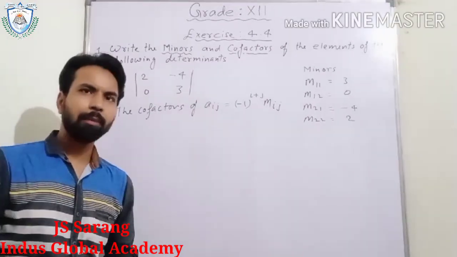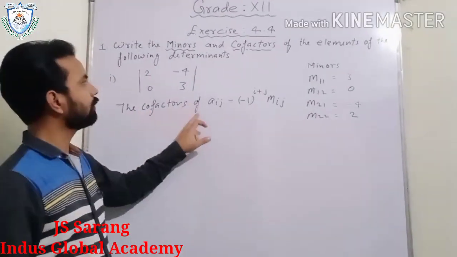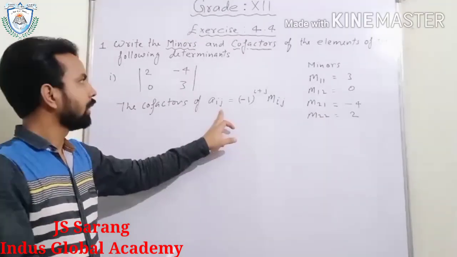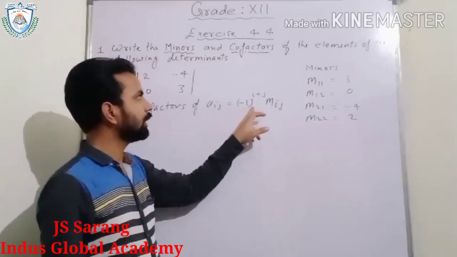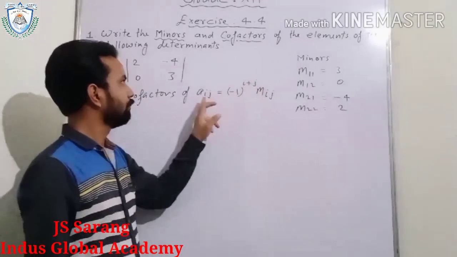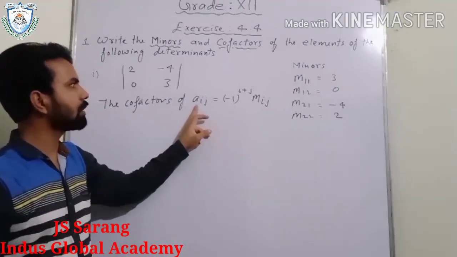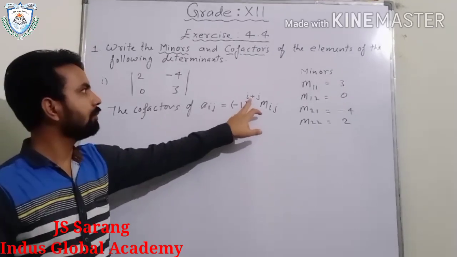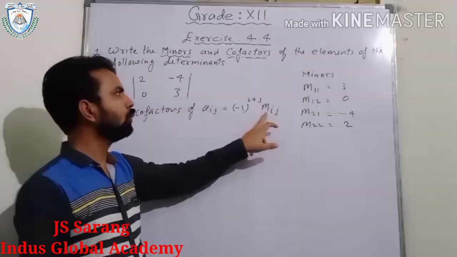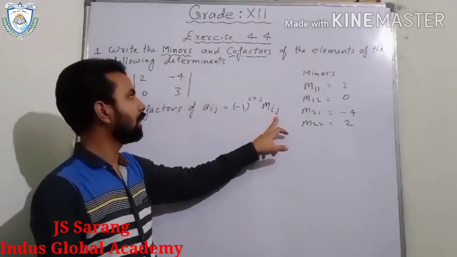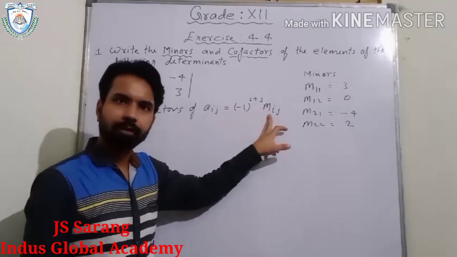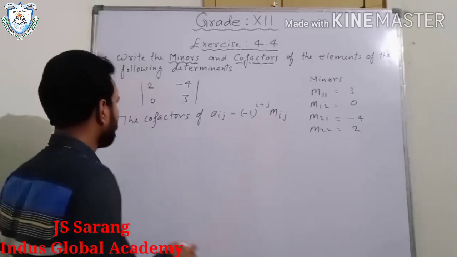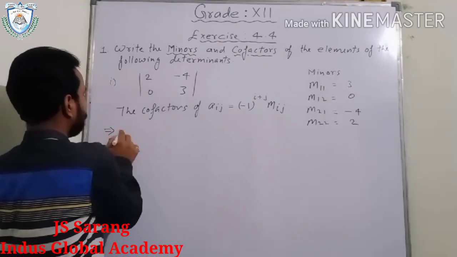Clear? Again I am explaining. The cofactor of the element Aij equals minus 1 to the power i plus j, means whatever is given in the suffix of element ij. So the power of minus 1 will be i plus j, times Mij, means the minor of that element. Clear?